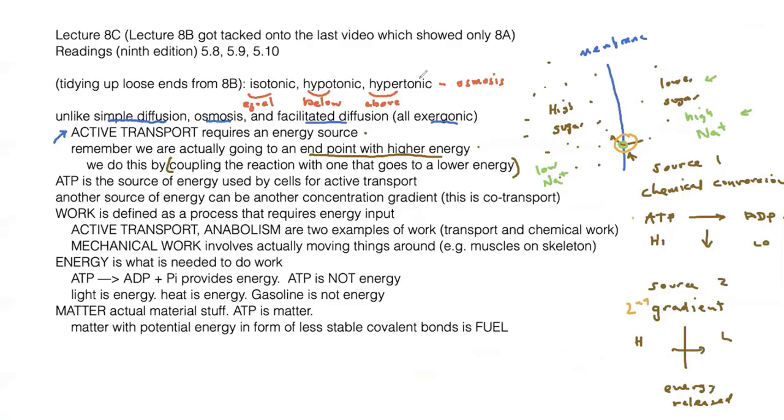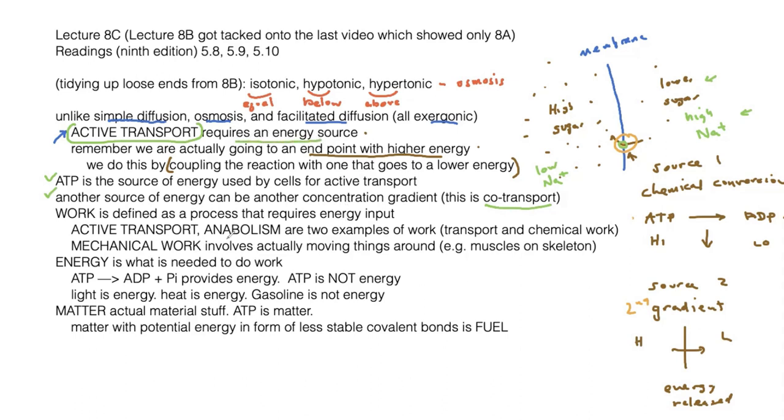I'm going to use a little bit of my own context and go back to my whiteboard to share. We've talked about ATP as an energy source, another source being a concentration gradient. When you have a concentration gradient, we would call that co-transport. Now, what we've been talking about, things like active transport, removing molecules from an area of low concentration to an area where there's higher concentration, requires an energy source, right?